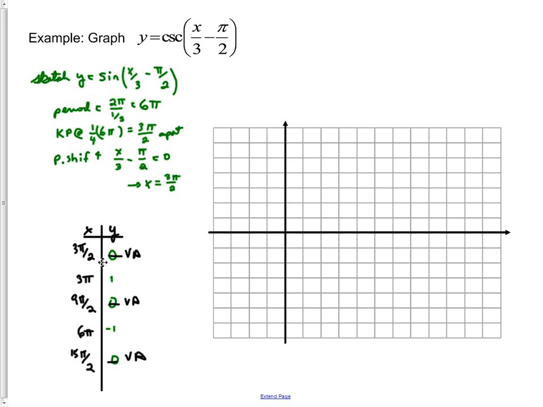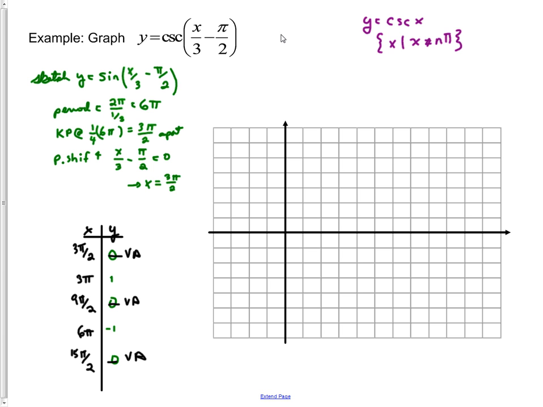What could we say about the domain? Well, if you think about the basic function y equals cosecant of x, our domain was found by setting x such that x is not equal to some integer multiple of pi, right? x does not equal n pi.